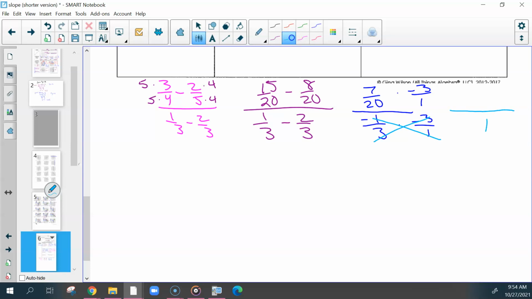And then multiply these across. 7 times -3 would give you -21. 20 times 1 would give you positive 20. Anything over 1 would just be whatever else it was. So -21 over 20 would be the final answer.